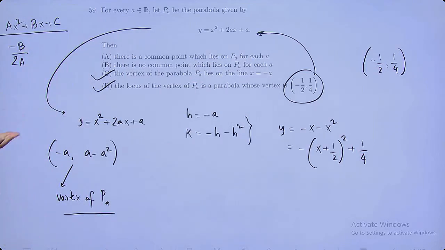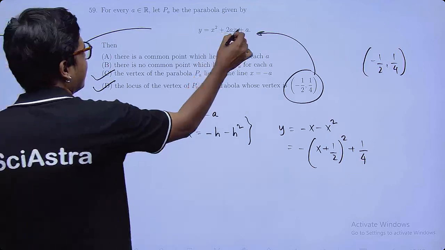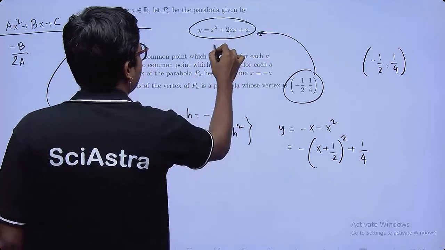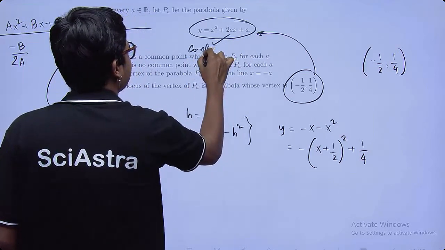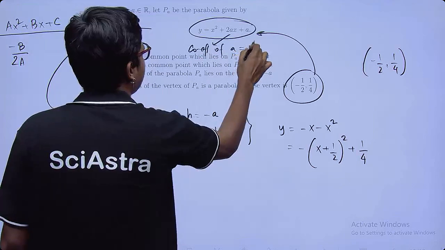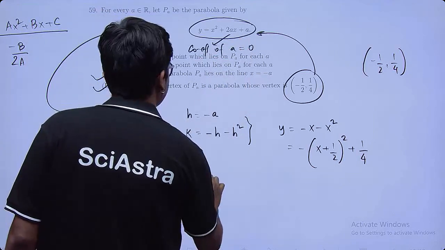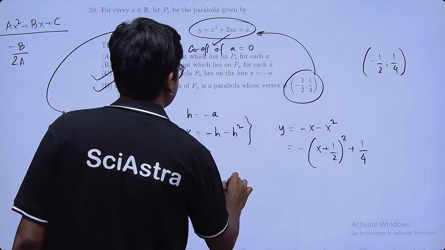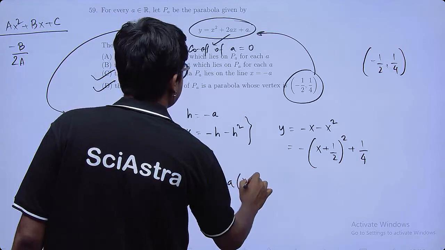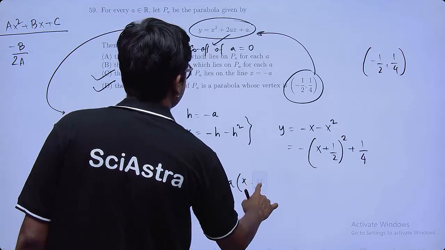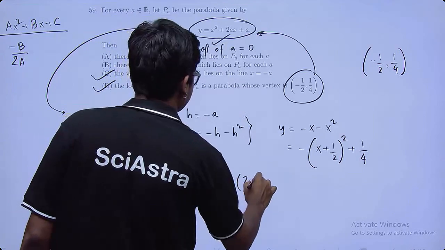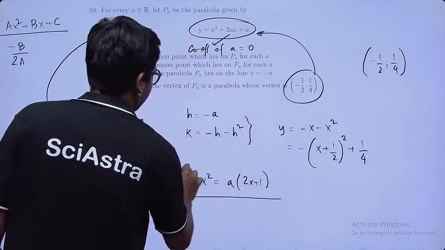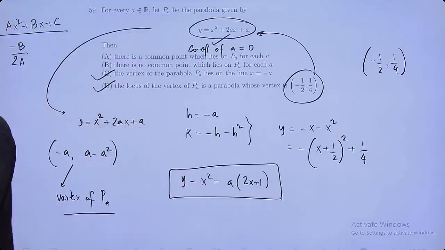And if you want to simplify it further, for this to have a general solution, you want the coefficient of a to be 0. So if you treat this as x minus y minus x square is equal to a times 2x plus 1. What is the meaning of finding a common point?